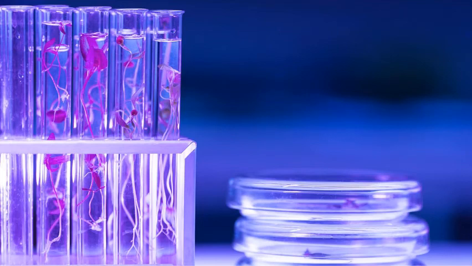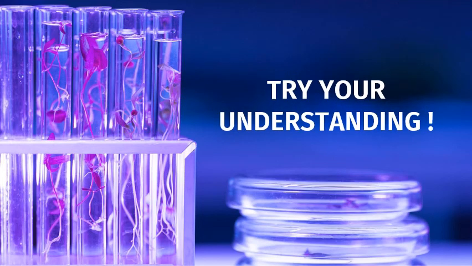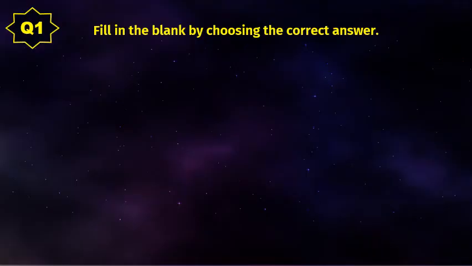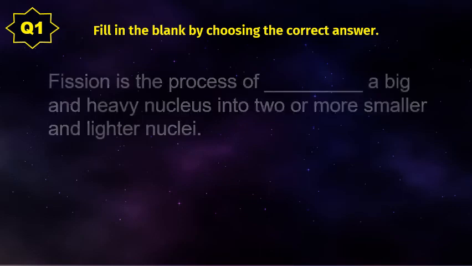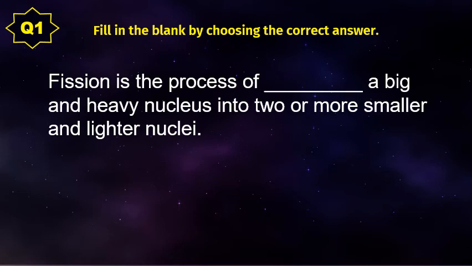Now let's test your understanding. Ready? Question 1. Fill in the blank by choosing the correct answer. Fission is the process of ... a big and heavy nucleus into 2 or more smaller and lighter nuclei.